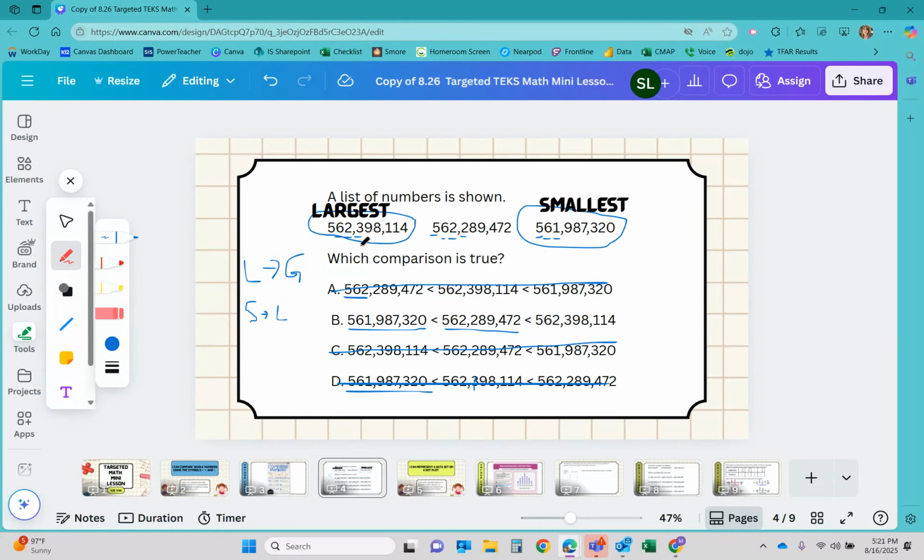So I'm going to go down here to the largest, and I have 562-398-114. All right. So answer choice B is my correct answer because it has them listed in order from least to greatest. You will have an exit ticket here at the end of our quiz going over a similar problem.